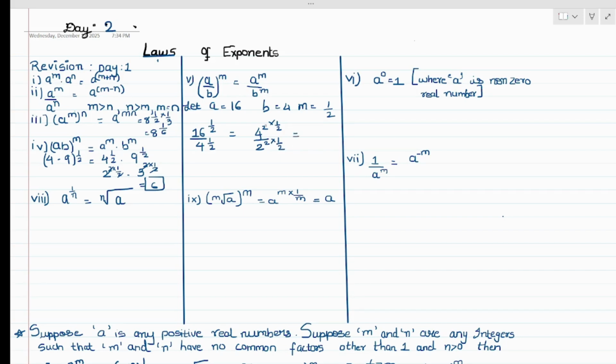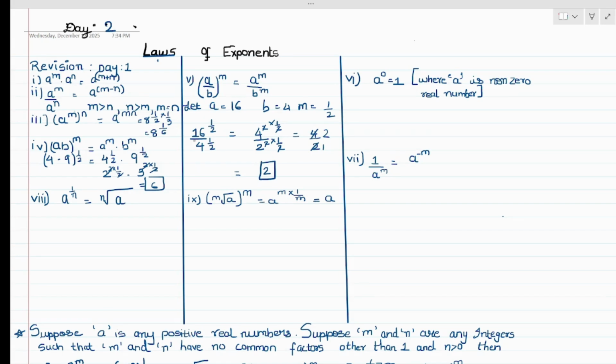In the next step, in the multiplication, numerator gets divided by denominator, the 2s get cancelled. So my final answer would be 4 by 2, which on further simplification, 2 ones are 2 and 2 twos are 4, so I can write it as 2 by 1, or I can write it as 2.